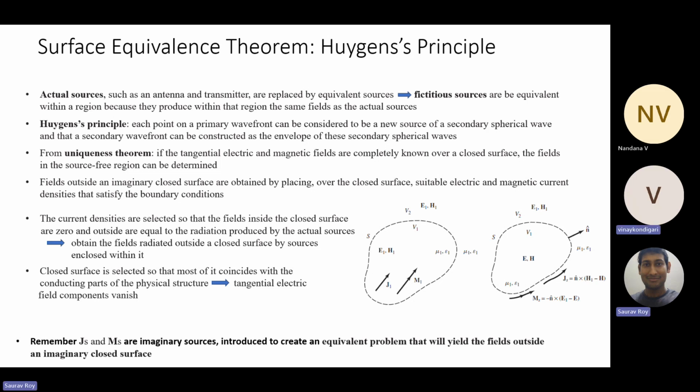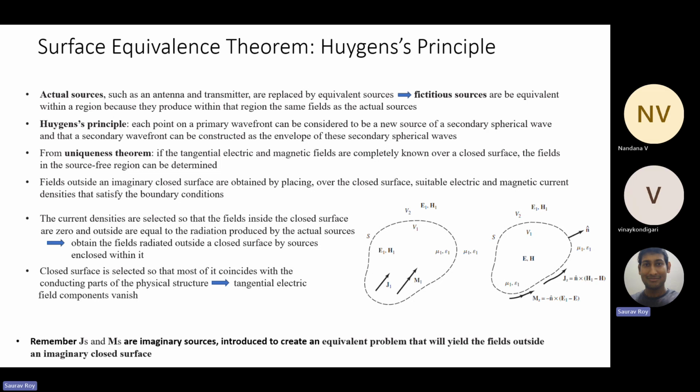Sir, here I am not getting this. We are using the uniqueness theorem to prove the equivalent surface. Yes, we are creating the conditions where we will get the same field or same solution, U1 and H1, so that it will satisfy the uniqueness principle. If you don't ensure that, then you don't know whether this U1 and H1 is the actual unique solution or not.